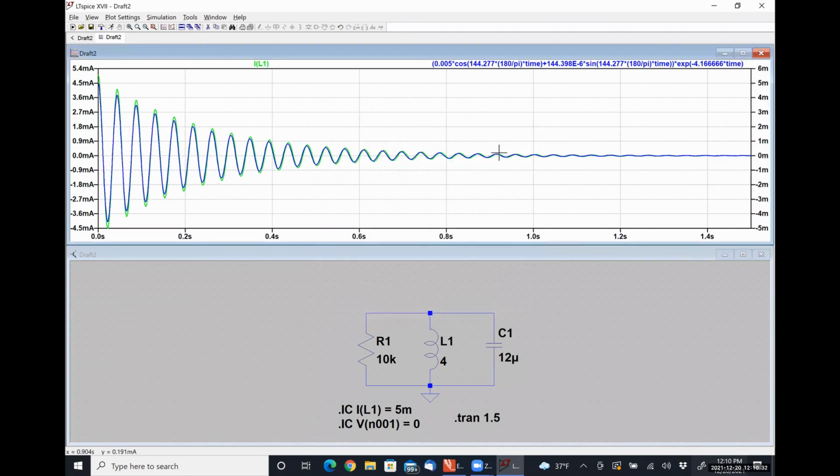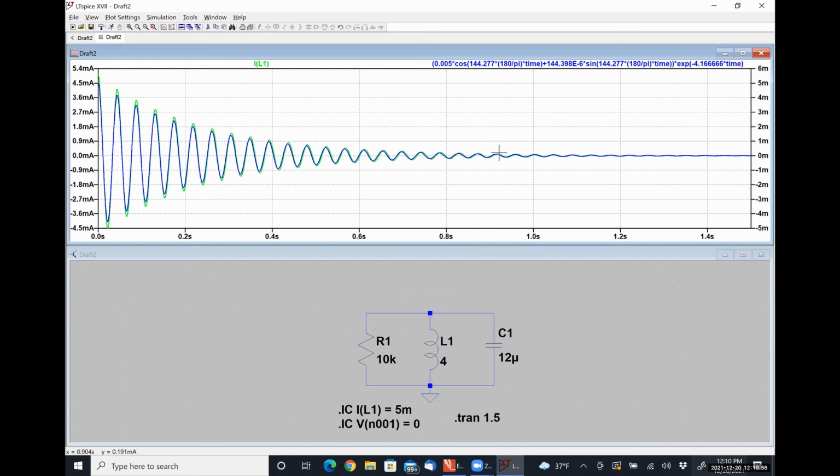There we go. All right, so we can see that things look pretty good, but they're not quite right. Everything seems to be matching up pretty well, but the amplitude of my simulation is slightly smaller than the amplitude of my mathematical function.